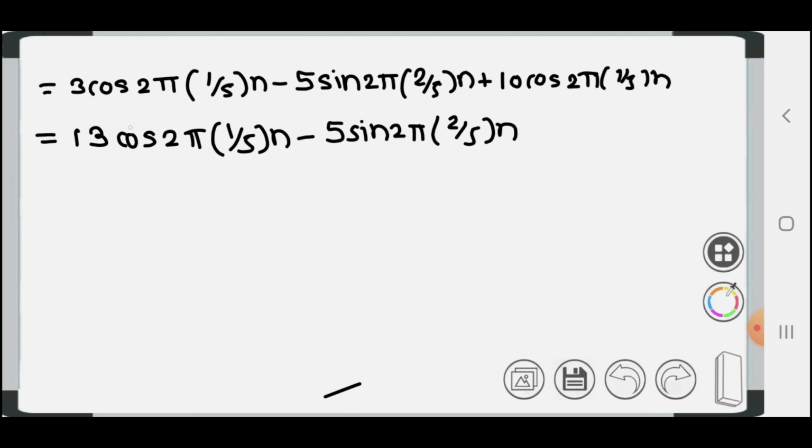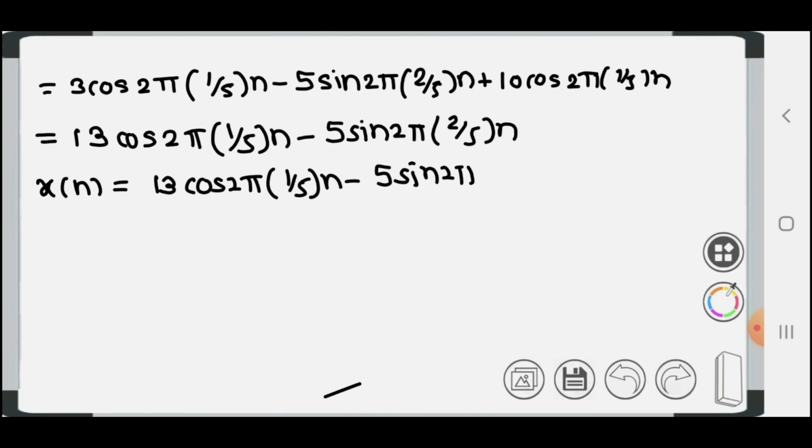So this is the DT signal. The DT signal is represented as x of n. So x of n is equal to 13 cos 2π 1 by 5 n minus 5 sin 2π 2 by 5 n. Okay, so this is our DT signal. Now how to obtain the reconstructed signal?